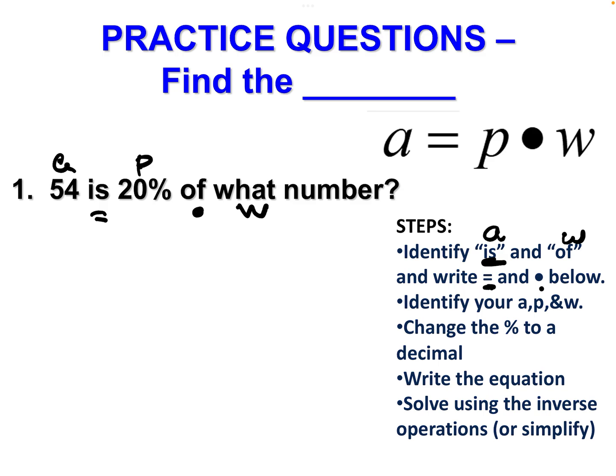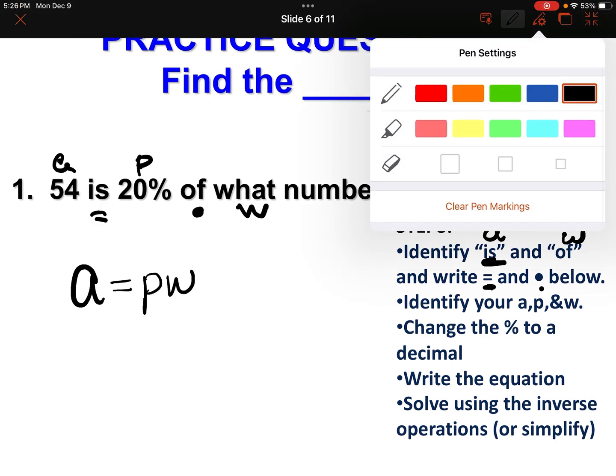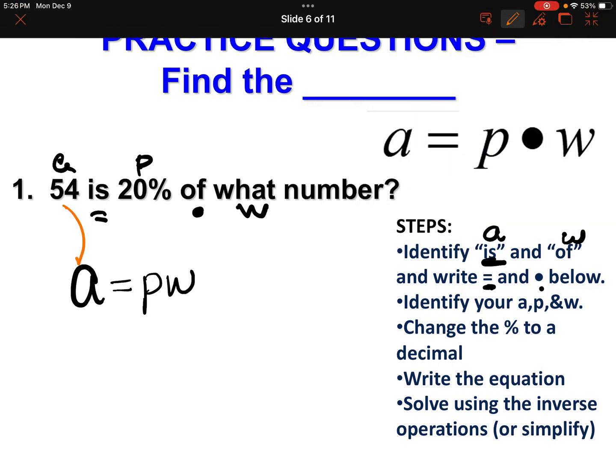I am missing that. So if I translate this into this equation, A equals P times W, I plug in what I have, just like we did yesterday. That's going to be 54 equals 0.20, that's the new trick, times W.